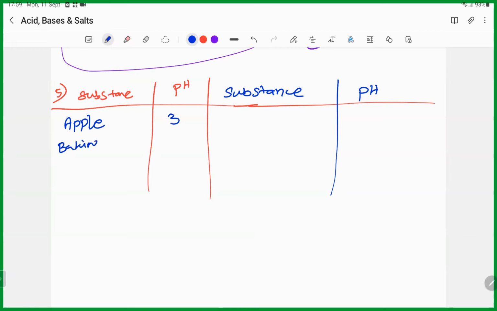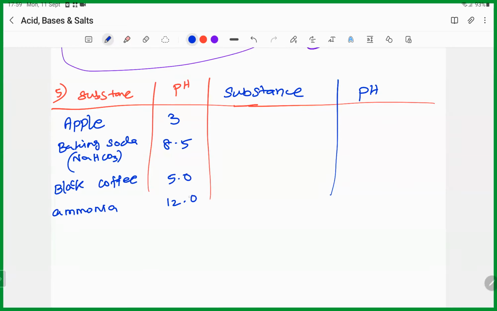What is baking soda? NaHCO3. It is 8.5. And black coffee 5.0. And ammonia 12.0. And lemon juice 2.5.